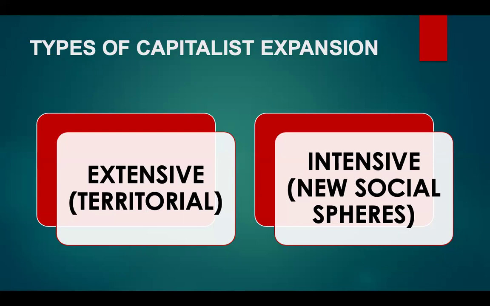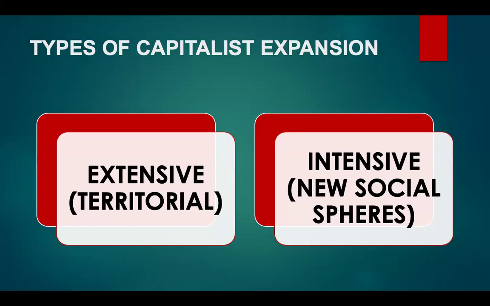And then neoliberalism is another example, from the 1980s to the present. Privatization, deregulation, austerity, and financial capitalism have deepened capitalist control over everyday life. Big tech, 21st century companies like Amazon and Google, commodify human behavior, personal data, and digital labor.